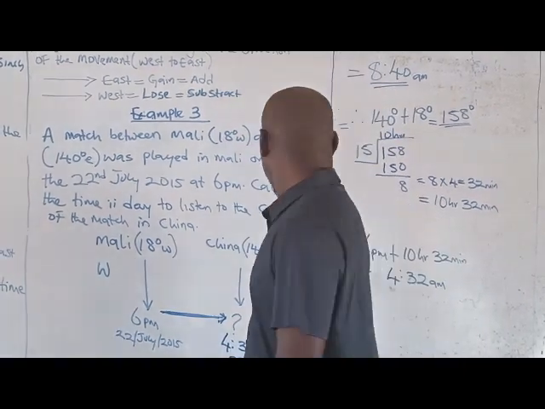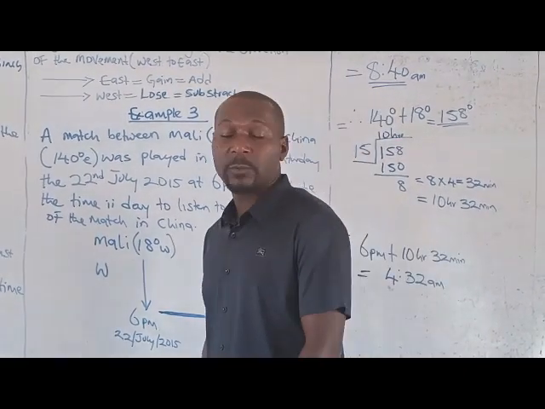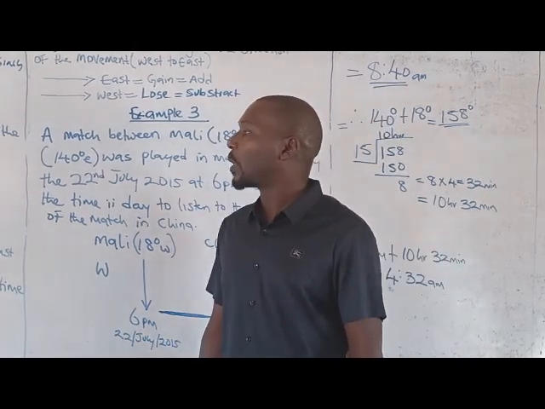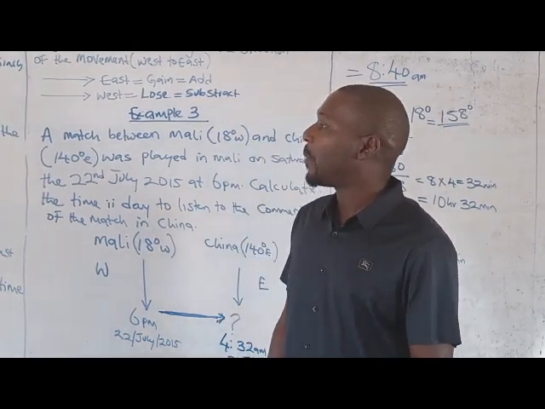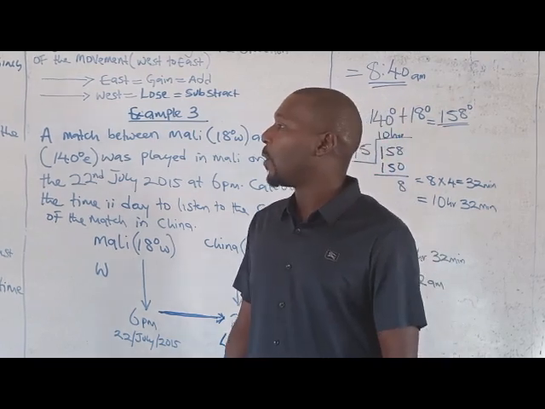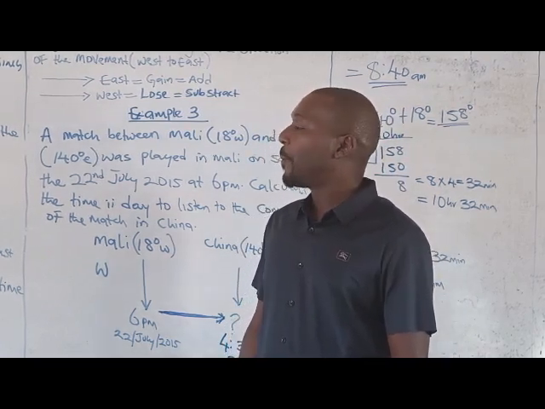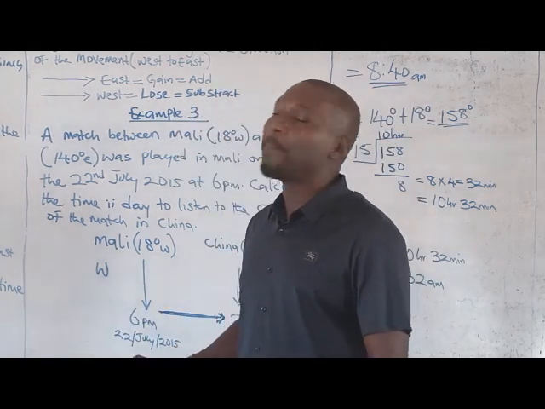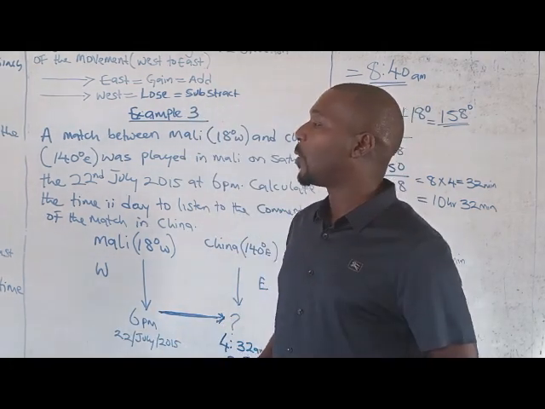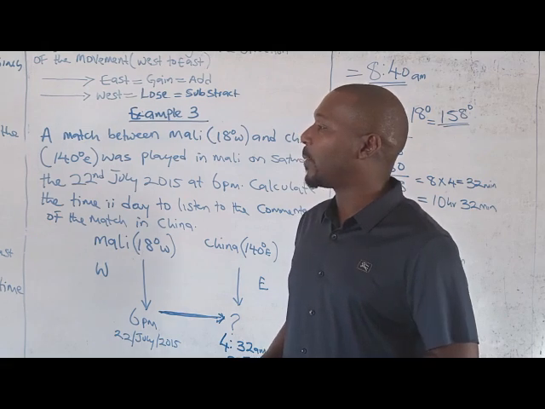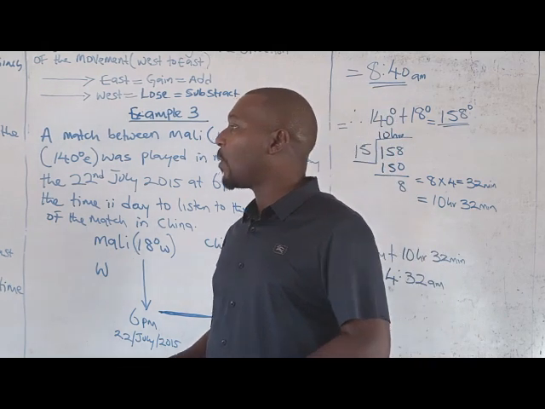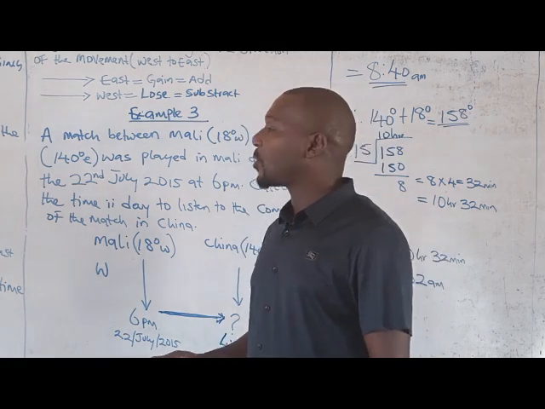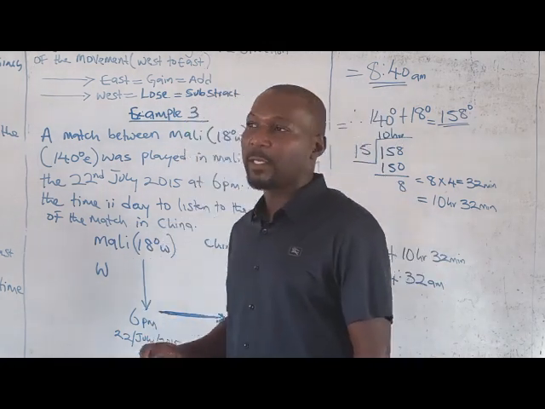So now, with these few examples, I believe by now you will have known how to calculate time using line of longitude. But meanwhile, these rules, you have to follow them step by step. It will help you to know how to calculate time using line of longitude. If you have any question, you can drop it in the comment section.